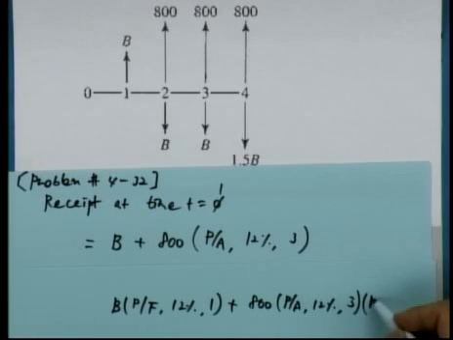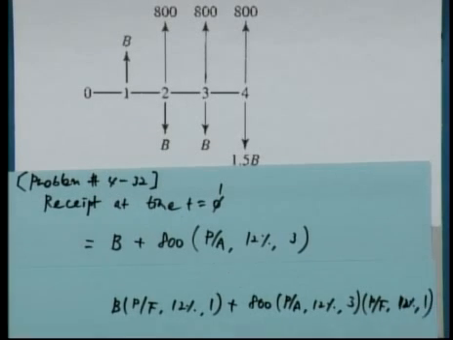So it's going to be P given F 12% over 1 period, right?